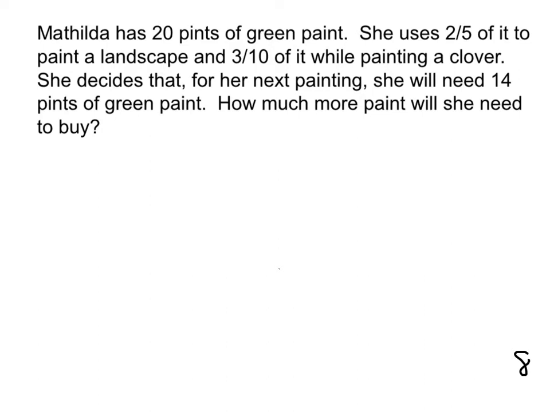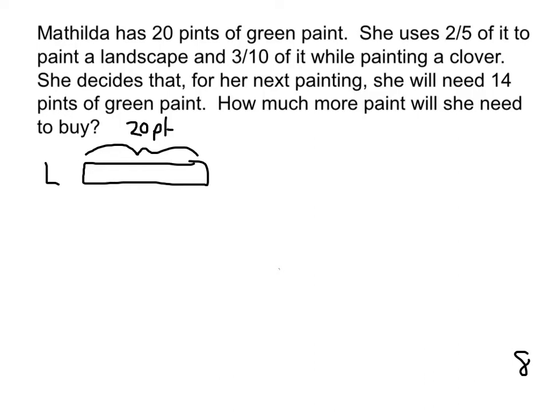So we could break this down into two different problems. If I have 20 pints and I want to find out how much she used for the landscape, I'll put an L there.